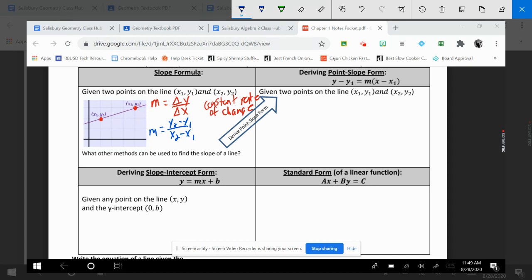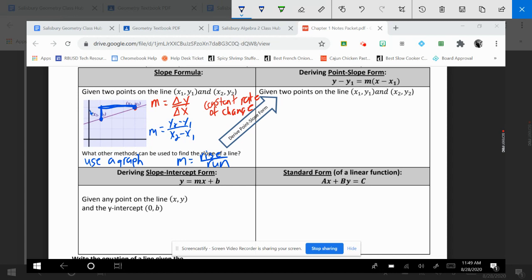How else do we find slope? Well, simple in a graph. We can use a graph, I should say, if we're given it. It's always our preferred thing if we just have a graph given to us. And slope is going to be rise over run. So if we have 2 points, you can connect them either way you want to. I might say rise and run going left to right.